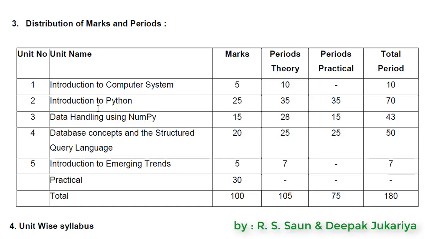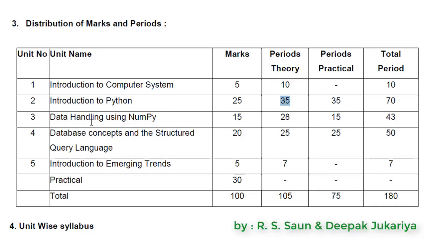Then the next unit, from where we are going to start, is introduction to Python. Here you are going to see what Python is, how to install it on your system, what the tokens and data types in Python are, and working with IDEs, integrated development environments.